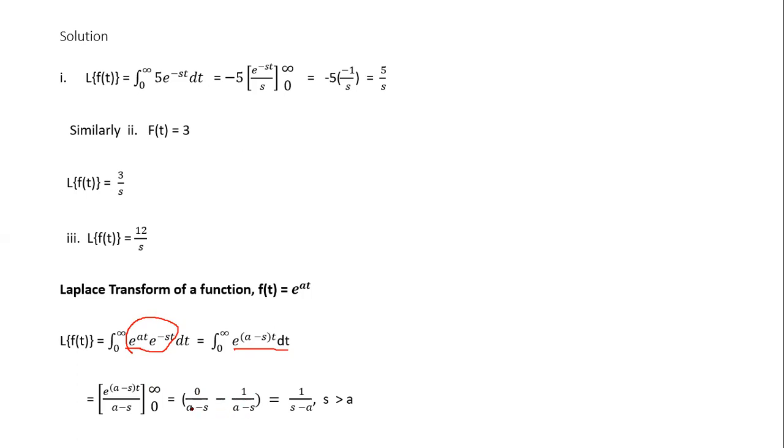So by simplifying this, you notice it will tend to 0, because 0 over any number is 0 apart from 0 itself. And for that matter, we are going to have it as negative 1 over a minus s. And this one will give us 1 over s minus a.